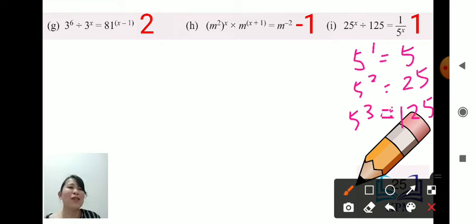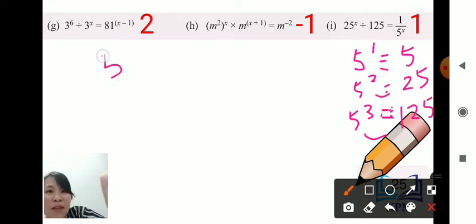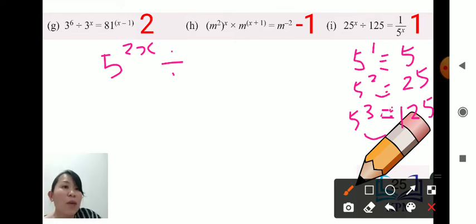So if you see 5, 25, 125, you can solve this problem. Change all to base 5. So the first one, 25 is 5 squared. The x is still there. Divided by 125, which is 5 cubed.